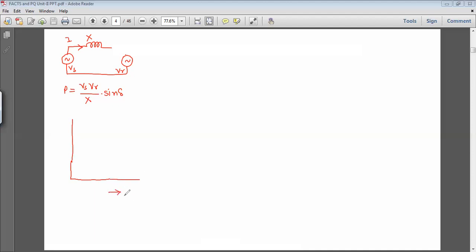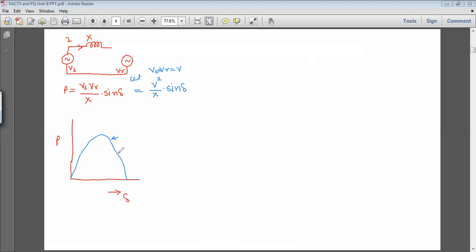This is the angle delta and this is the power P. Under such condition, we can draw the power angle curve. It is a sinusoidal curve. Here we will consider that Vs and Vr are equal in magnitude and equal to V for simplicity. So the equation becomes V square upon X into sine delta.